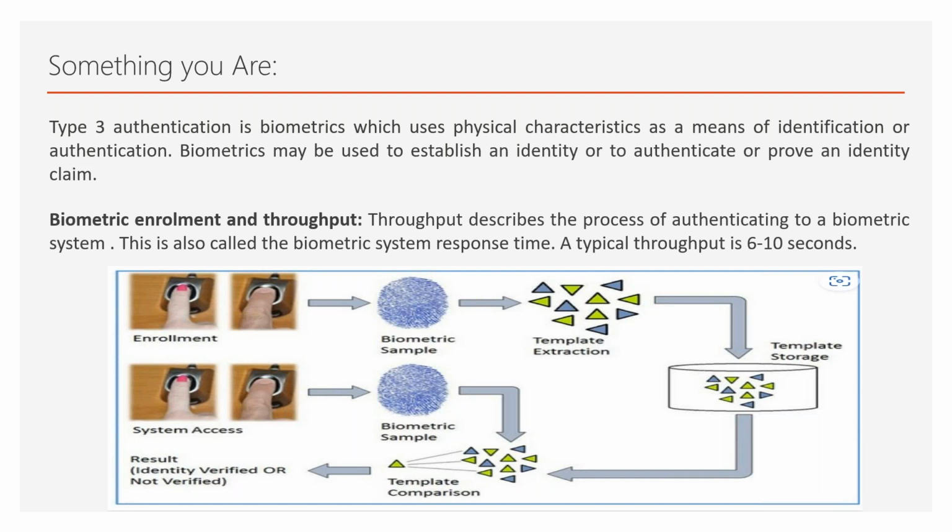So the biometric sample is extracted and stored in the template against which the authentication is done. Typically, the first time enrollment process takes somewhere around 6 to 10 seconds.